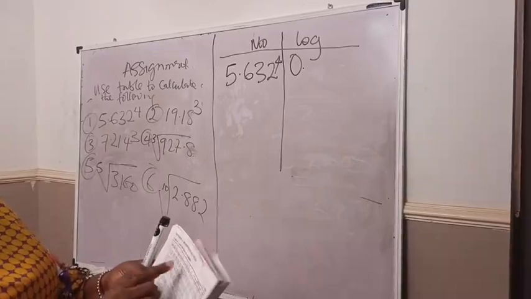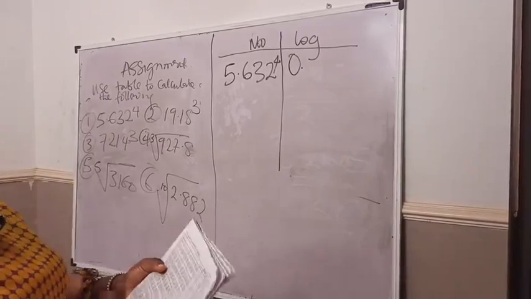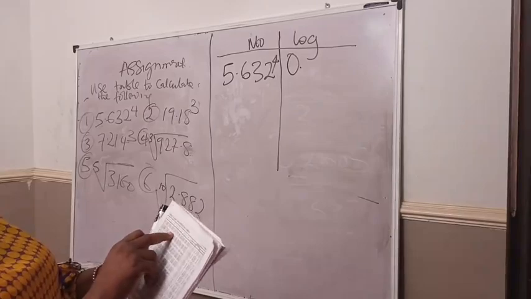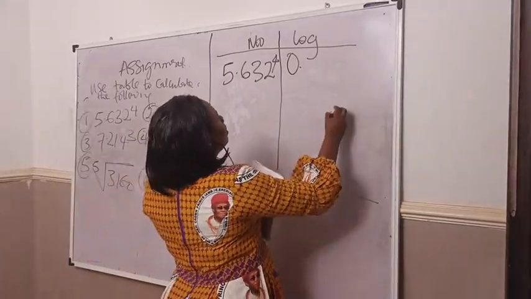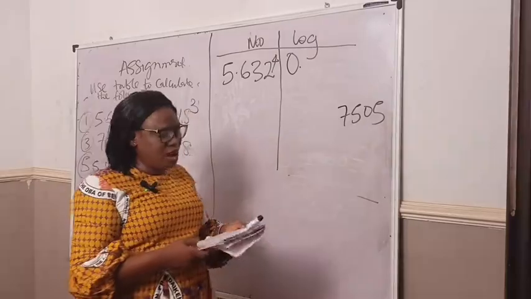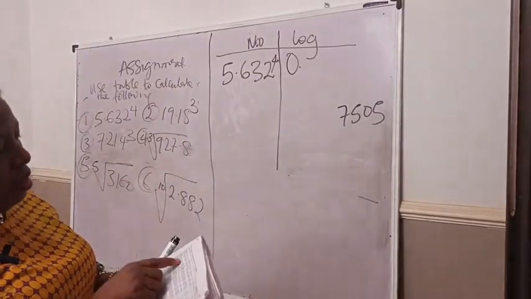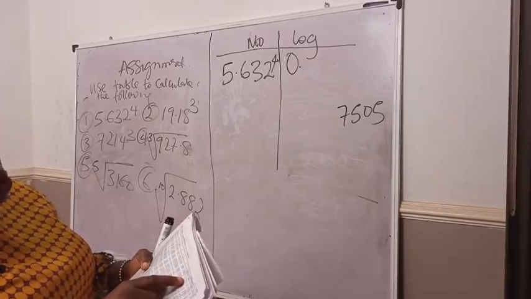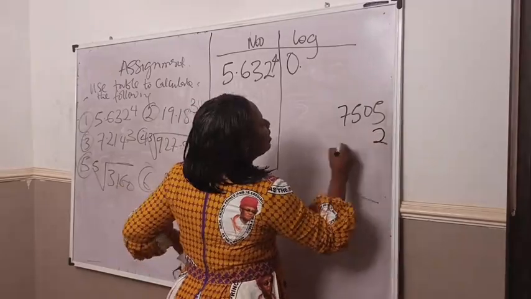Once I'm sure, I will now say 56 under 3. 56 under 3 is 7505. Then difference 2. Difference 2 is 2, and I said we always add the difference.